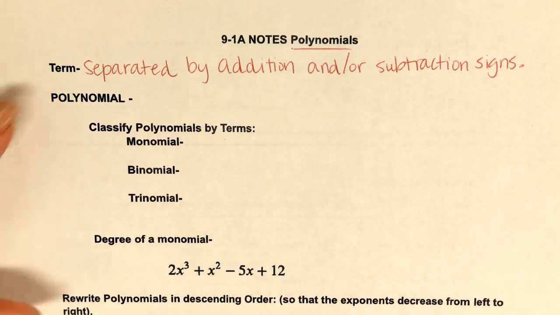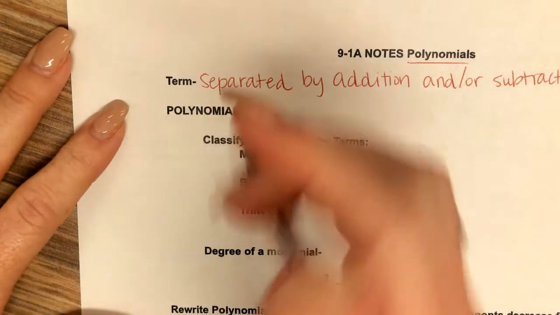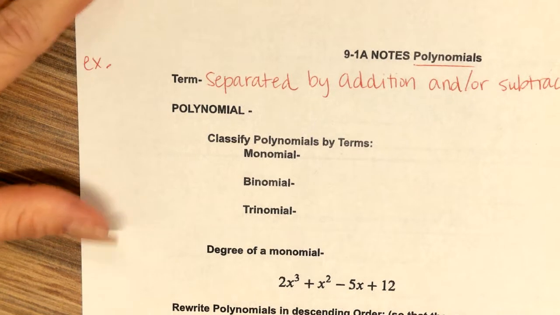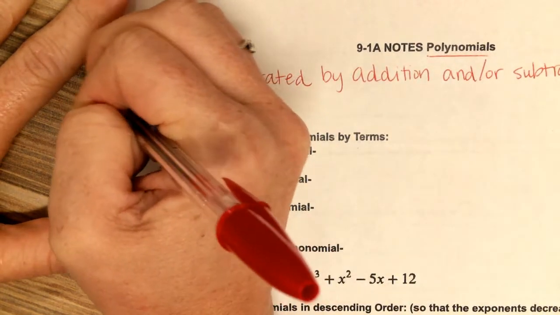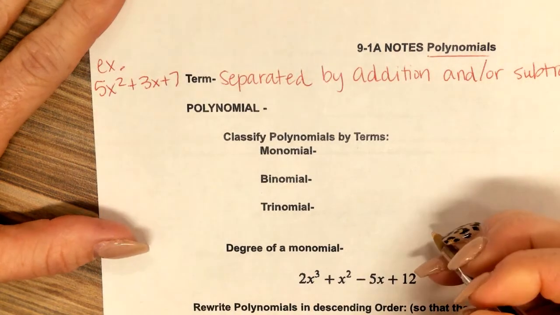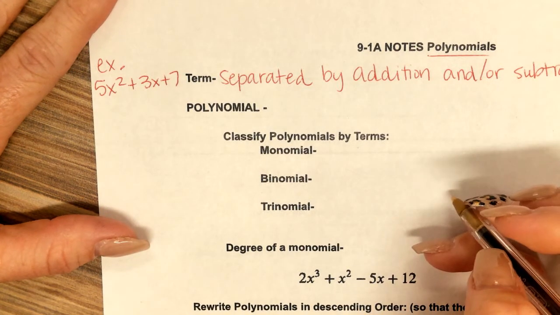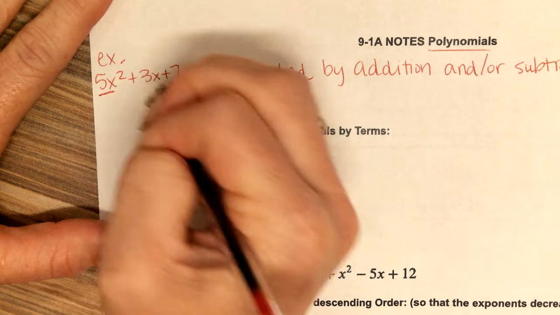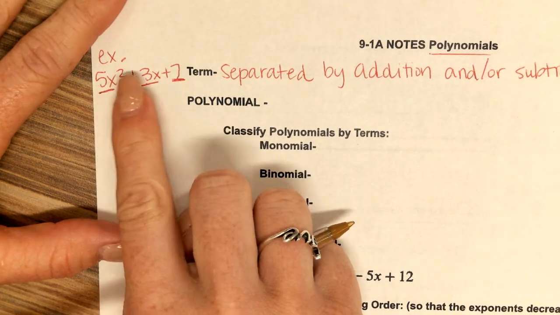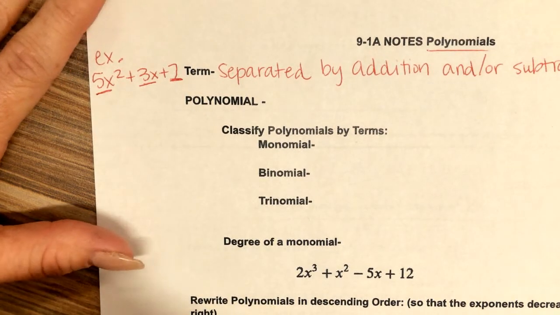Okay, for example, an example of a term, and if you want to come over here because you're out of room like me, you can. An example of terms would be like 5x squared plus 3x plus 7. Okay, how many terms are right here? There are 3 terms because they're each separated by an addition sign.